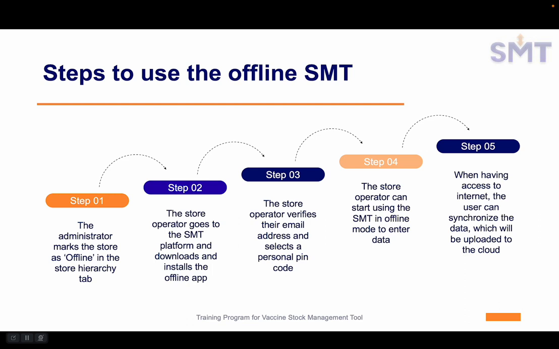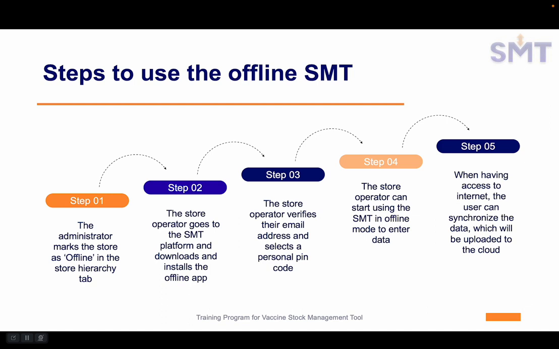After that, the store operator goes into the SMT platform. This is the online SMT platform, so for this step, internet is required. The store operator goes into the SMT platform, and from there downloads and installs the offline app into their computer. After that, the store operator will need to verify their email address and select a personal code.